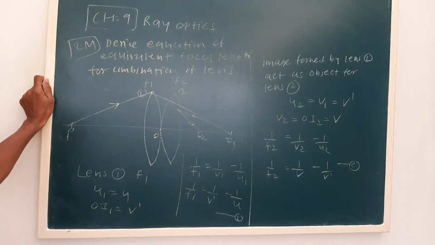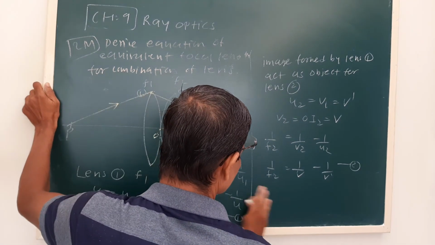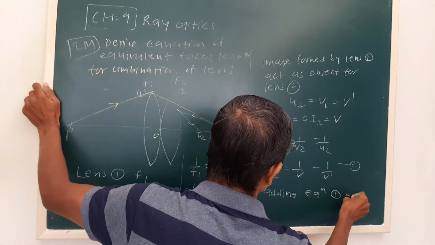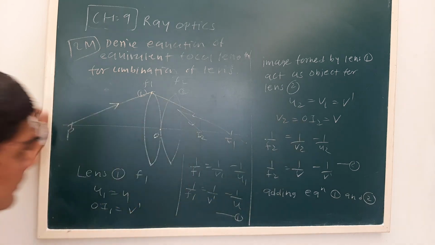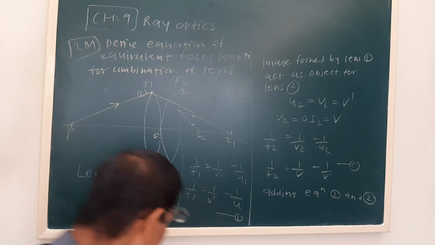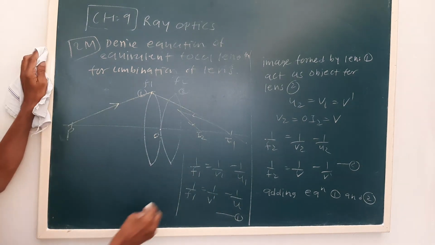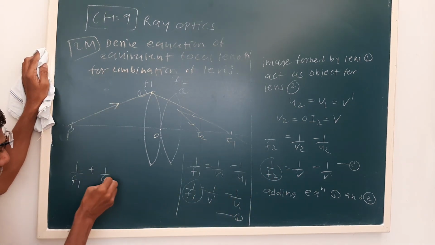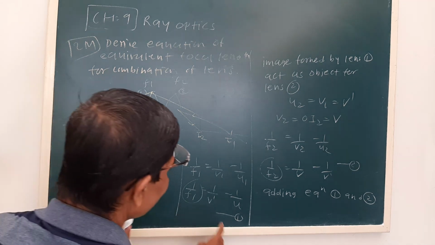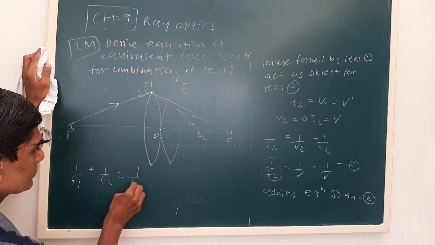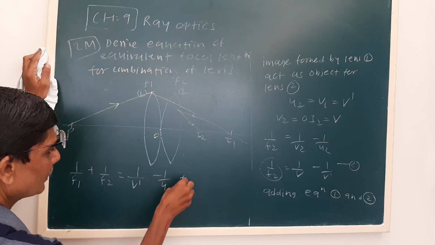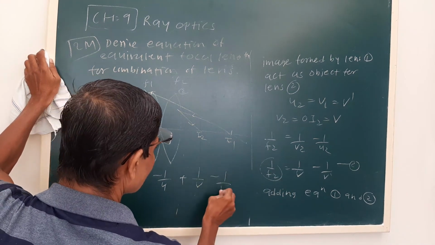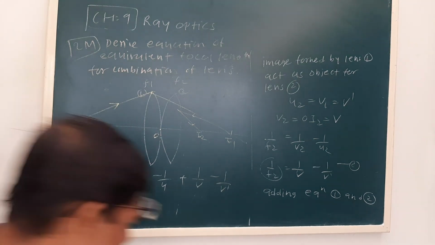Now if I add equations 1 and 2, the left hand side is 1 upon f1 plus 1 upon f2, is equal to 1 upon v dash minus 1 upon u plus 1 upon v minus 1 upon v dash. What can we see here?